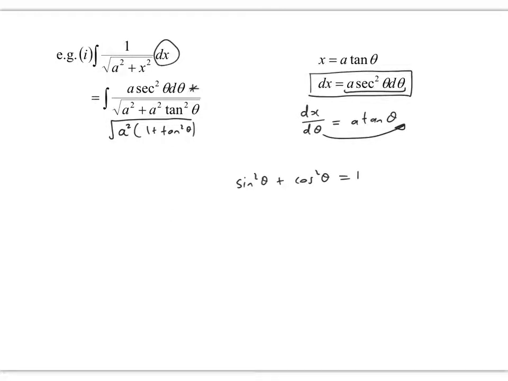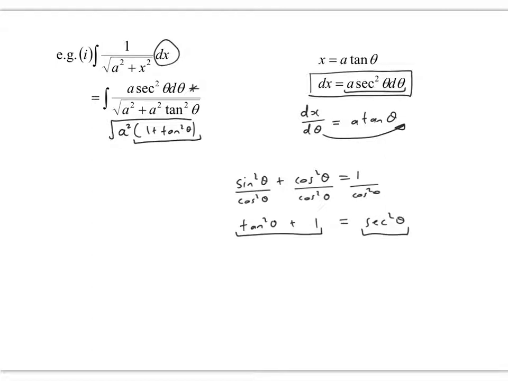If we wanted the one with the 1 plus tan squared, we know tan is sine over cos, so if we divide everything by cos squared theta, we end up getting tan squared theta plus 1 is equal to sec squared theta. So now this expression here is equal to sec squared theta.